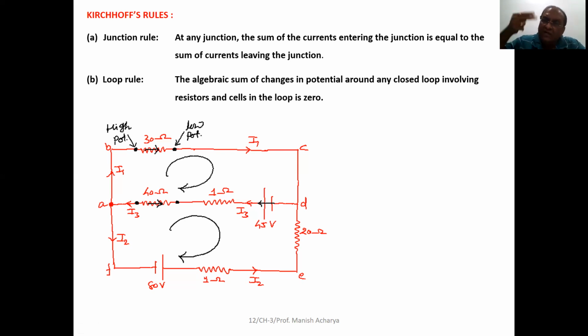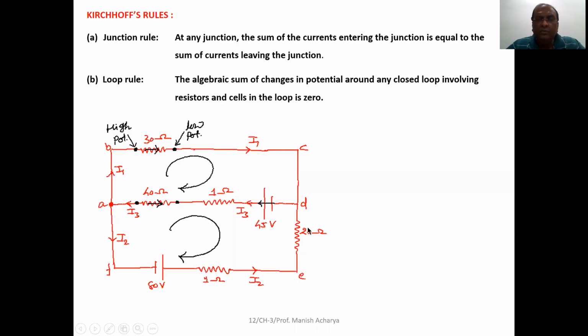So more than two components are connected. Similarly, at D also more than two components are connected. So in this particular circuit, terminal A, or we can say points A and D, are the junctions. Clear to all of you?